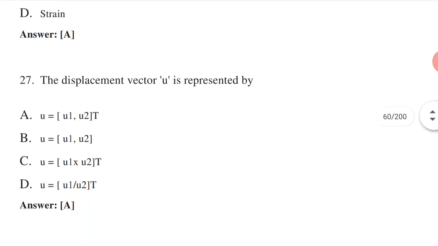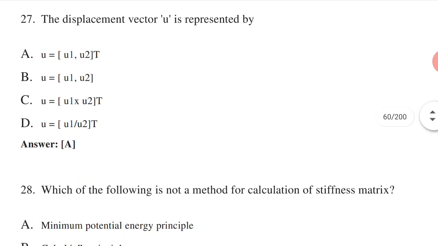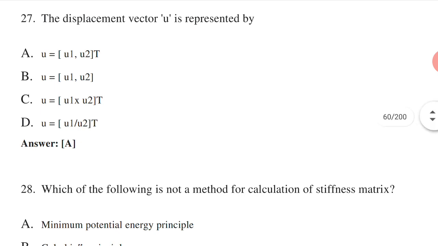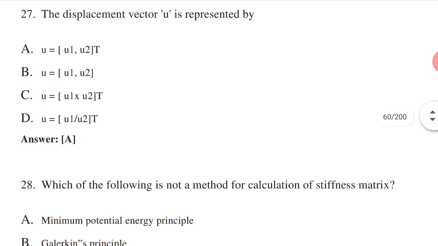Then next, the displacement vector u is represented by. How can it be represented? So we know that a displacement vector is a vertical vector which includes the number of nodal displacements, that is u1 and u2.